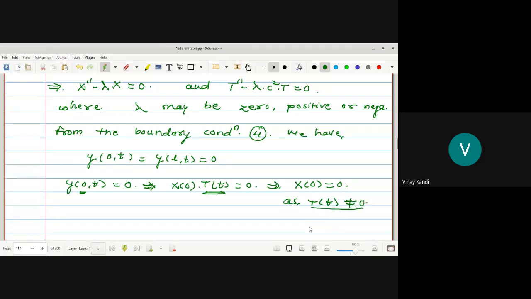Also from the boundary condition y of L, t is equal to 0, this implies X of L into T of t is equal to 0, put the value x is L here. This implies X of L is equal to 0.